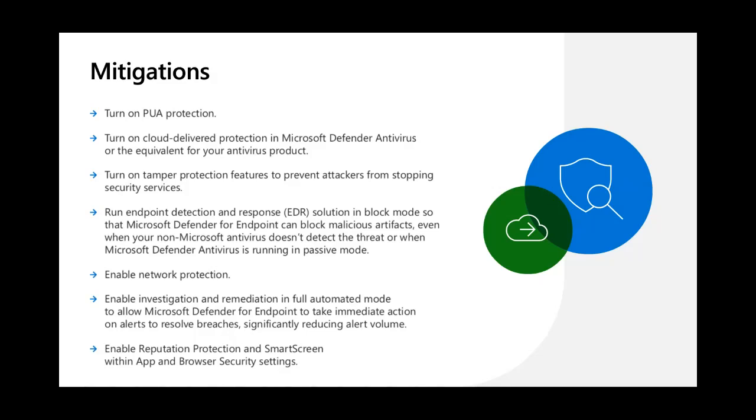You can also make custom detections with the AHQs that we have provided in our threat analytics report, as well as turn on the EDR solution in block mode so that behavior-based detection will notice obfuscated malicious scripts as suspicious and block them. Network protection is also an available feature within Microsoft Defender to provide anomalous and domain detection, which will help protect against those .tk dynamically generated domains that we mentioned earlier.